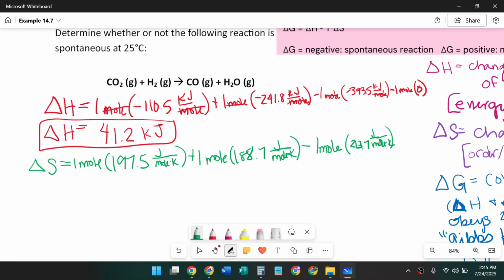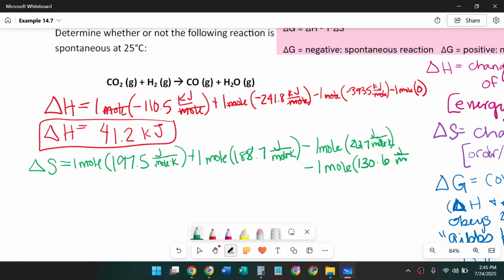And then for the entropy, we do have one even for our gases in their natural state. I'm just going to put this down in the next line. Minus 1 mole. And then for the hydrogen gas, that's going to be one of the ones at the bottom in the yellow part of your chart. That's 130.6.